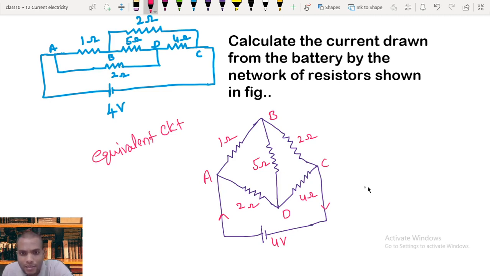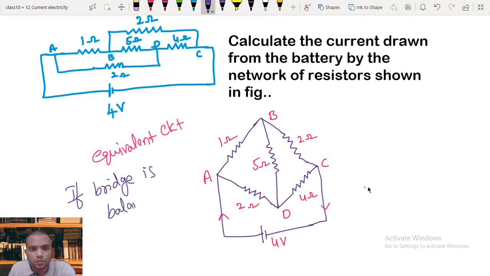Let us first find whether this bridge is balanced or not. If the bridge is balanced, the current through the arm BD, or across the 5 ohm resistance, goes to 0.